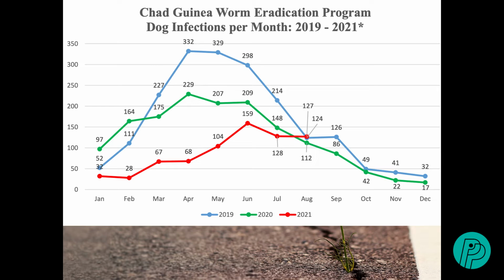And you can see each one of those years, the peak of the number of infected dogs has decreased dramatically during the peak transmission season, which runs somewhere between March and July. And so the numbers tend to level off and even out, at least for 2019 and 2020, during the low transmission season of October, November, December.